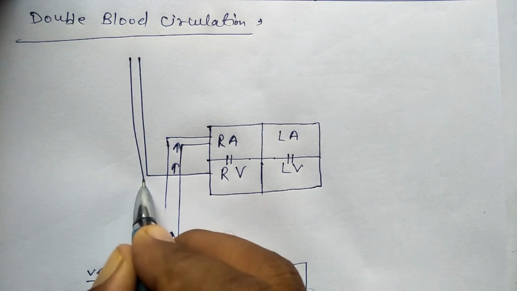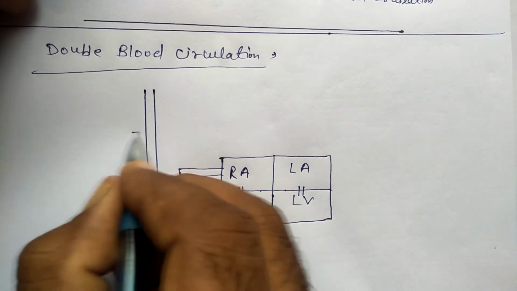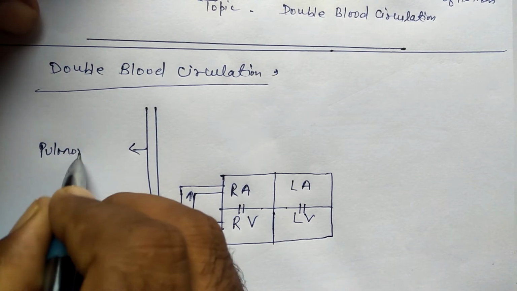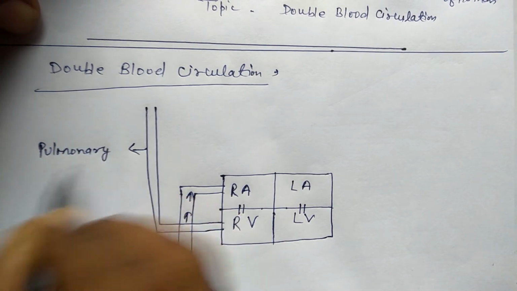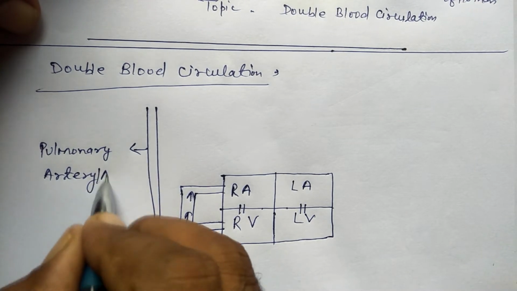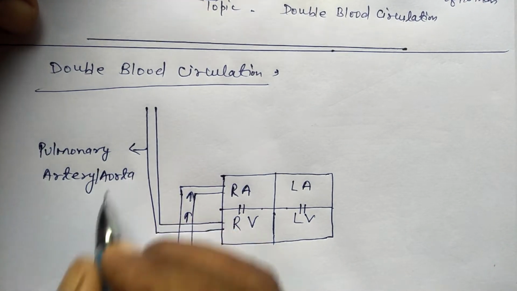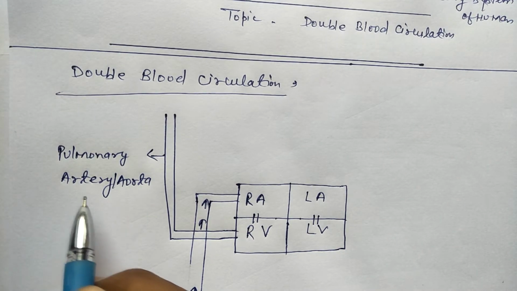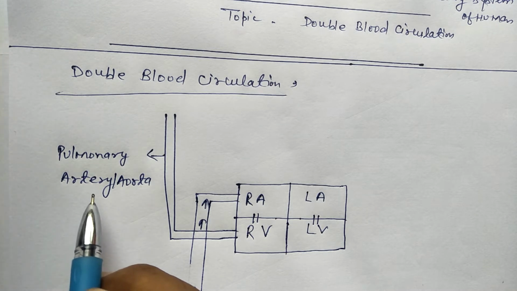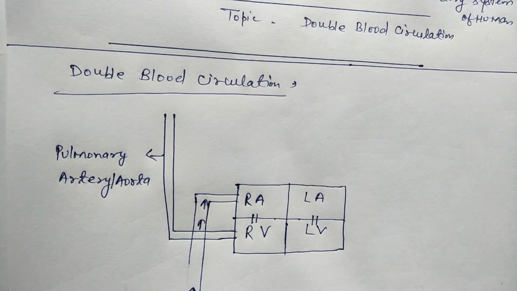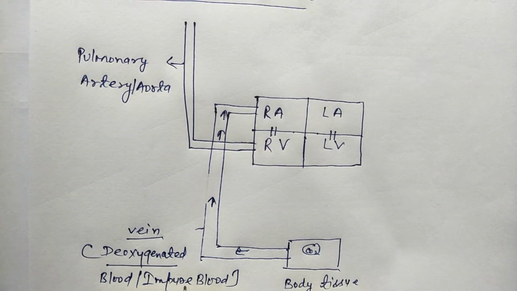The right ventricle has a specific artery known as the pulmonary artery. Students, it is an exception among arteries, because mostly arteries carry oxygenated blood, meaning pure blood, but the pulmonary artery carries deoxygenated blood, meaning impure blood.